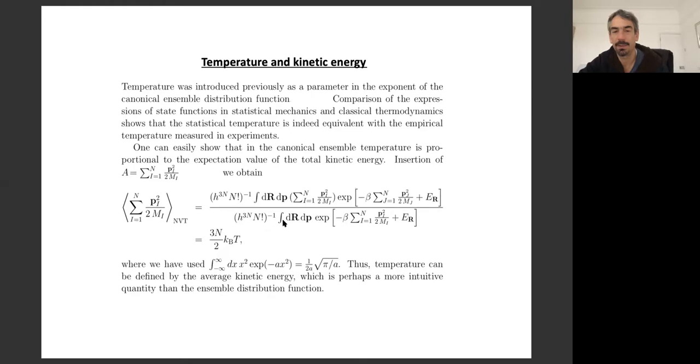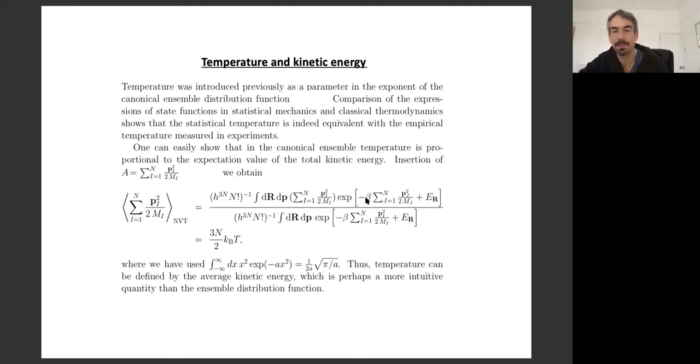And here in the denominator, you would also have a Gaussian integral, which is just square root pi over a, a being beta. So the square root pi over a in the denominator and the counter vanishes again, and what you have left is 1 over 2a.